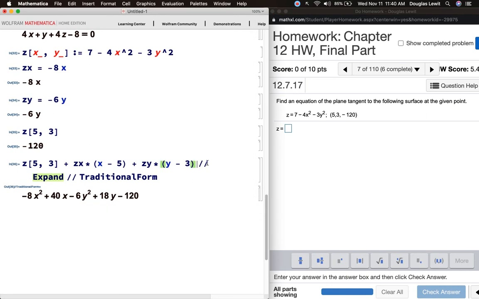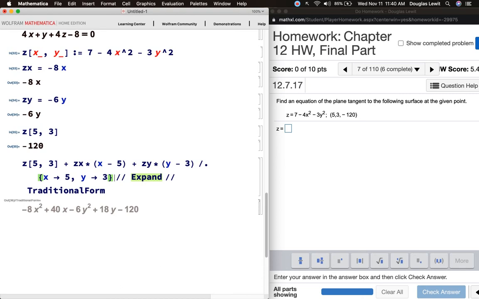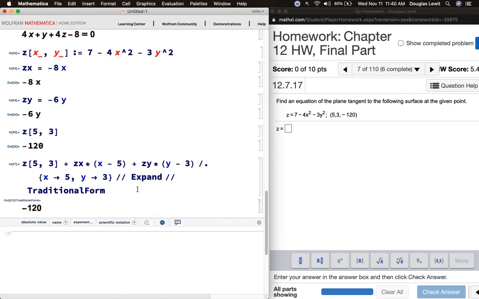Okay, now I see what's happening. X is replaced with 5. Y is replaced with 3. Okay, hold on a second. So I have a negative 120 is equal to negative 120. Here's the problem.